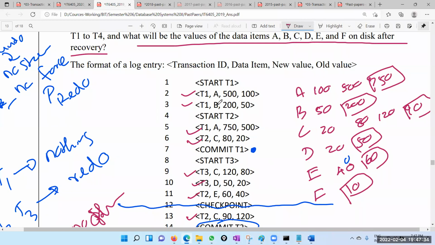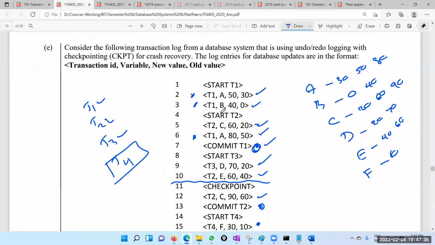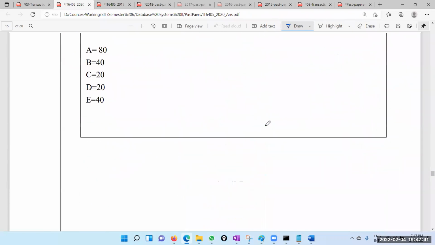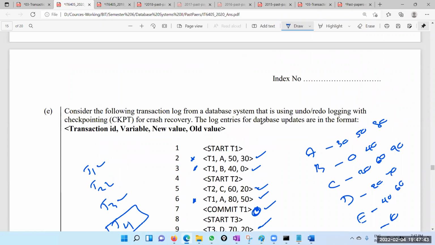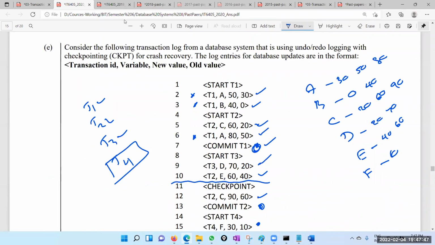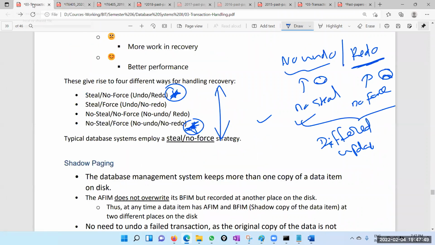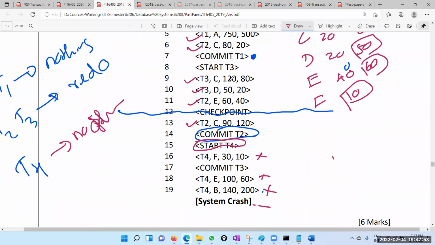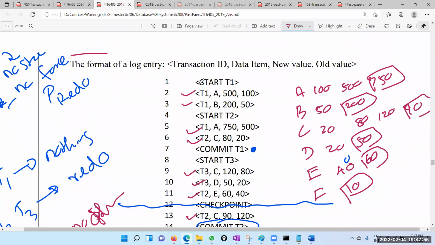Transaction 1, B, 250, 40, 0. So that is the difference, and that is why I got confused, because it looks pretty much the same. But we did this 2019 paper, okay?